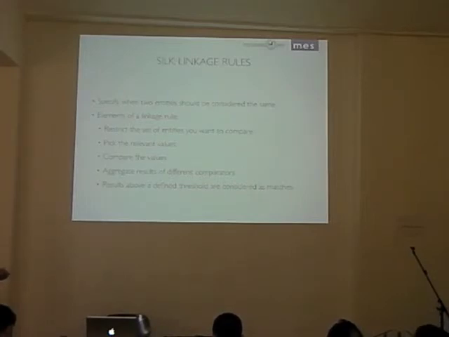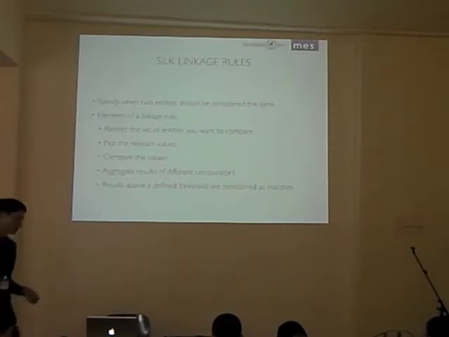And what you do is to define similarity scores, which are between 0 and 1, and where you specify how the similarity score is computed. And you also specify a threshold, and all matches above this threshold are then considered to be the same entities.